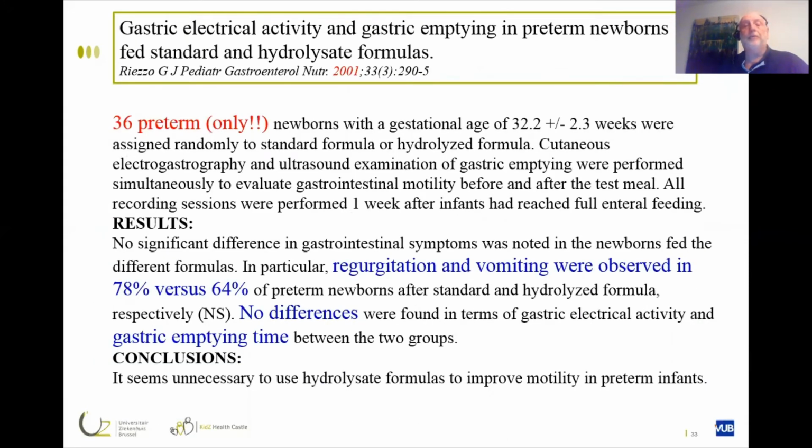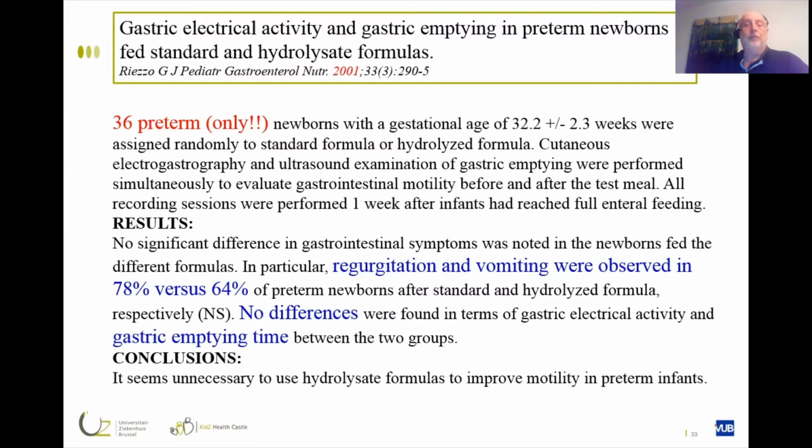In preterms, regurgitation and vomiting were observed in 78 versus 64% of newborns after standard or hydrolyzed formula. The difference was statistically non-significant, but there was a trend towards fewer episodes of regurgitation and vomiting with the hydrolysate.